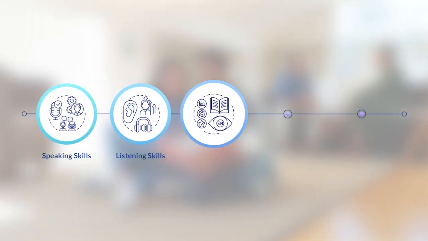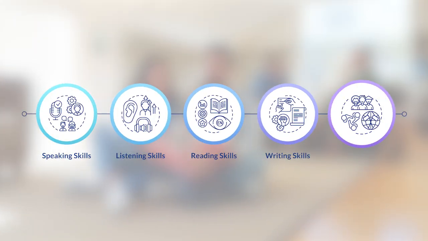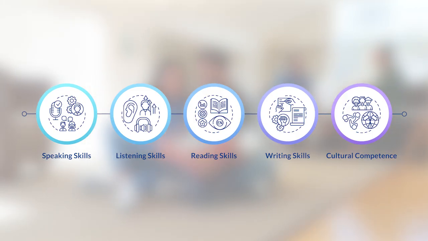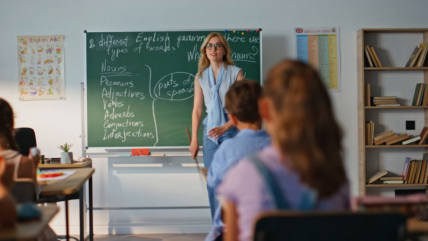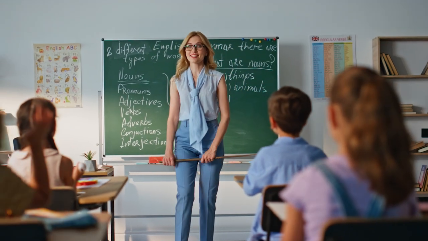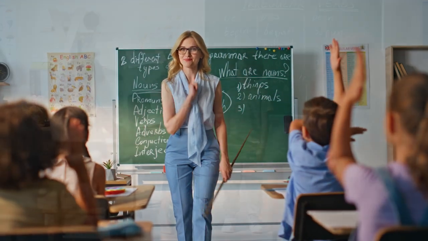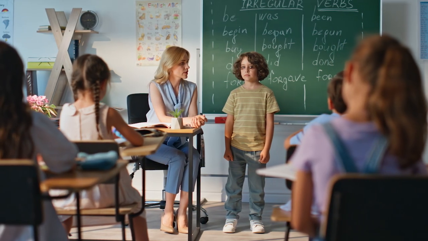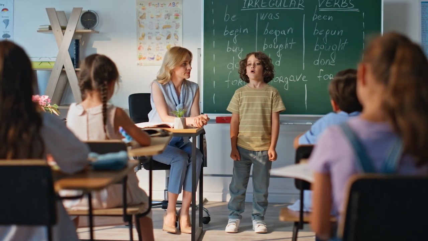Language processing is how we comprehend what we hear, see, and read, and how we express our thoughts and our ideas. Now, this includes skills like listening, interpreting, and expressing ideas clearly.